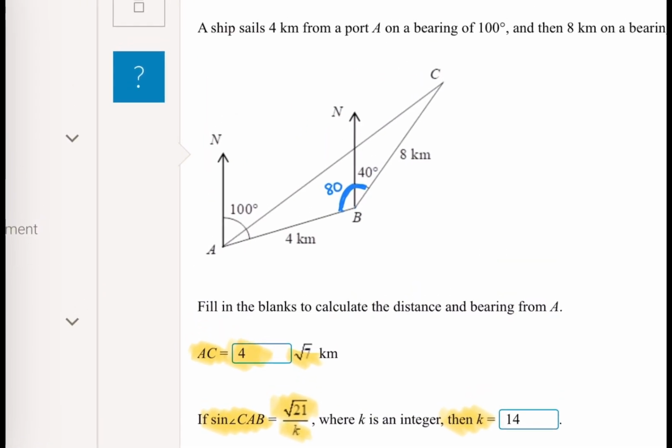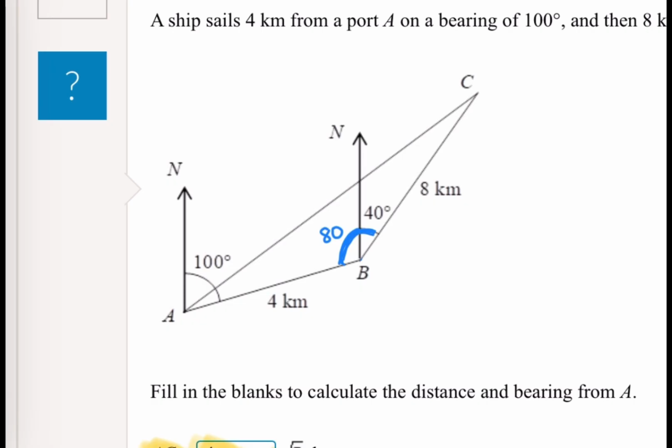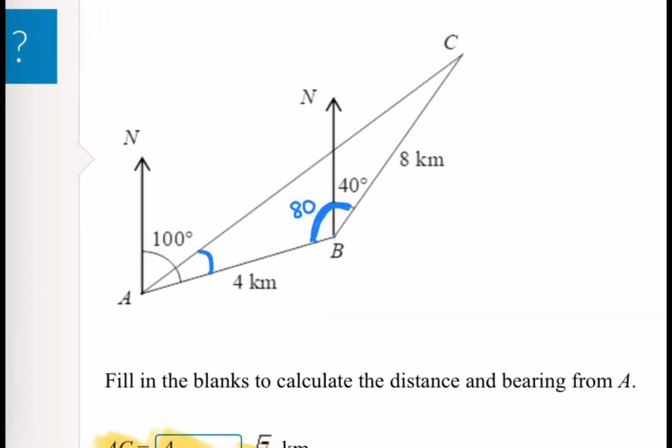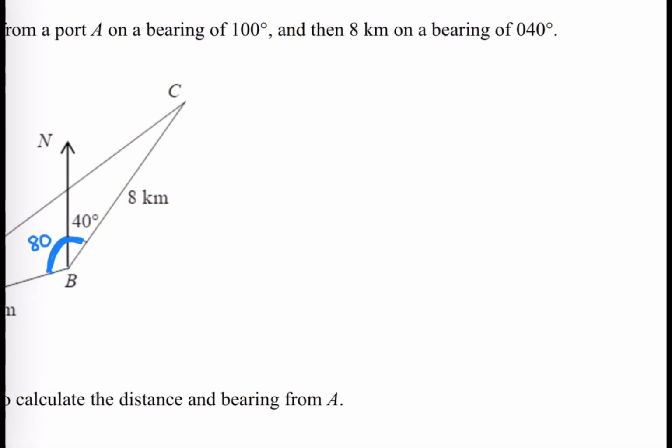Okay, so first let's see where angle CAB is. That is this angle here. This is angle CAB. So now to find the value of angle CAB, we can apply the sine rule, which is, if you don't know, sine A over a is equal to sine B over b equals sine C over c.